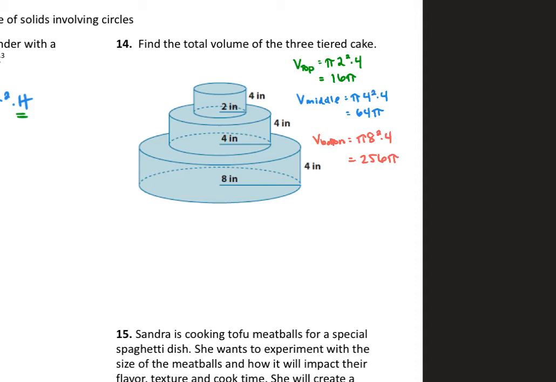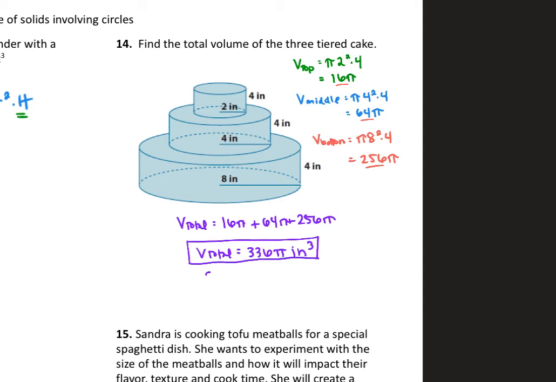So now I have my 3 volumes. And in this case, since the shapes are sitting on top of each other, to find the total volume, we're going to add. So 16 pi plus 64 pi plus 256 pi. So the total volume is going to be 336 pi inches cubed.